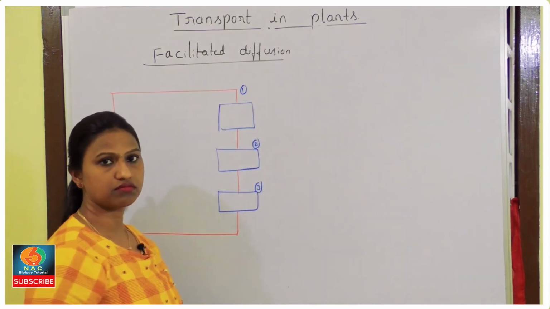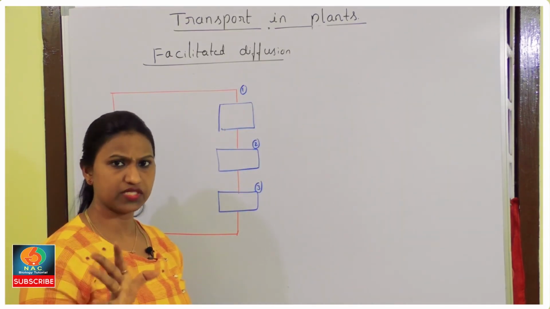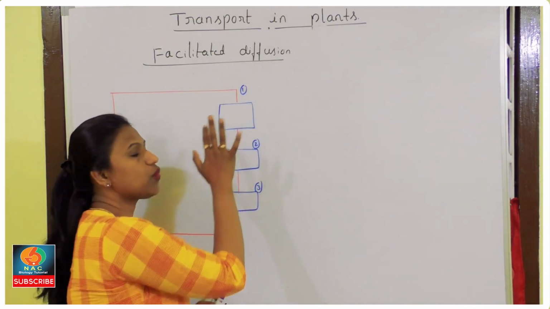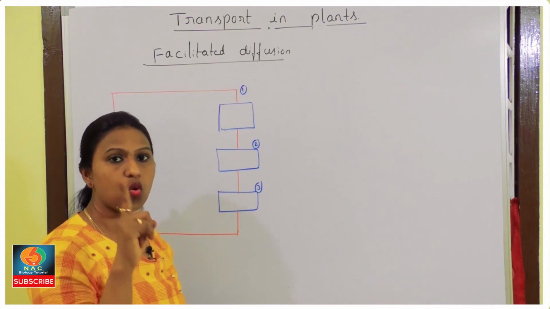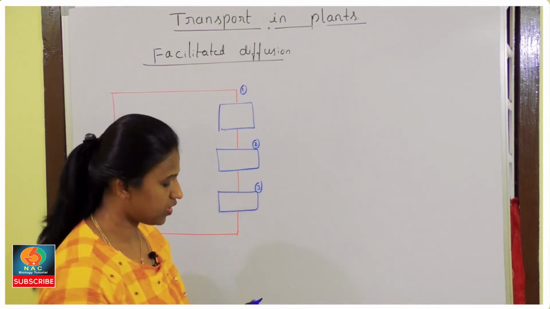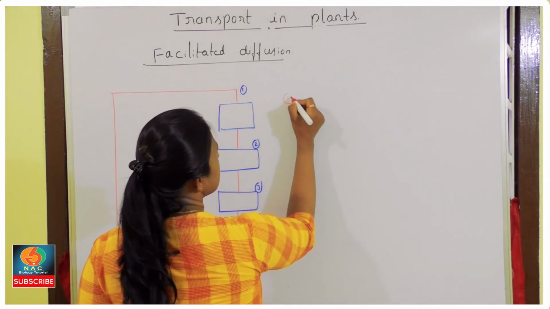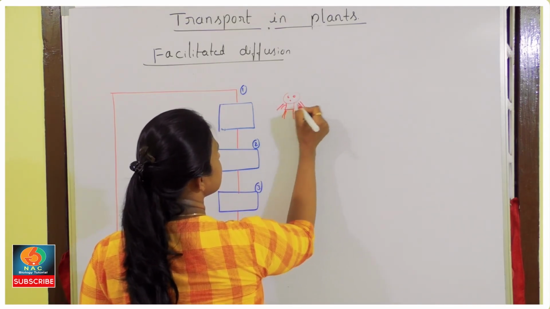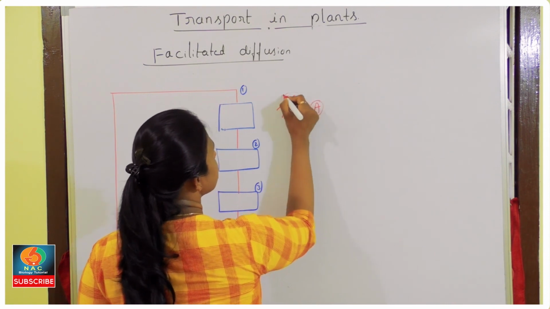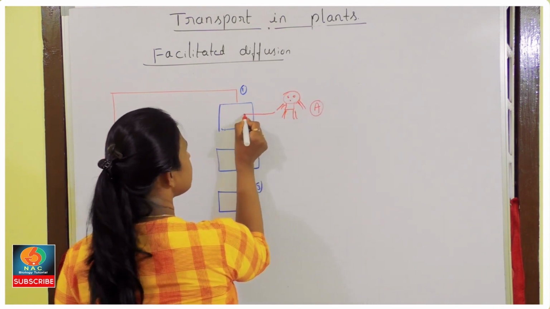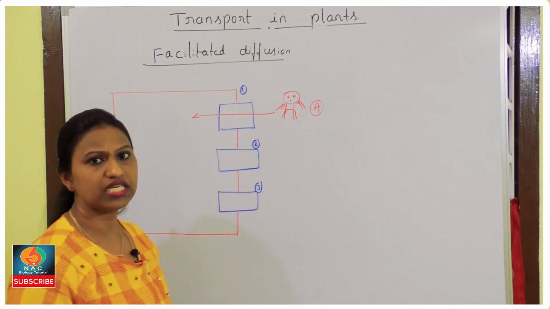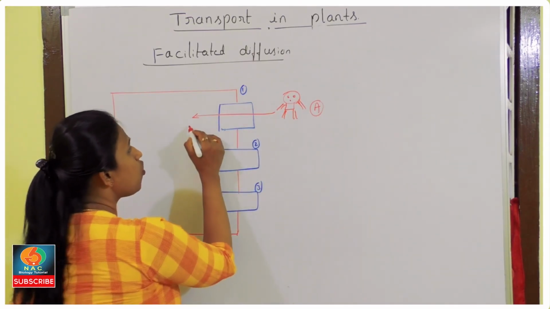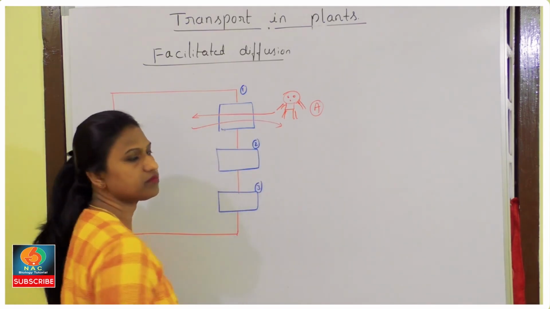Of course, all three gates are very, very specific. But gate 1 is allowing only one person, say for example person A. It will allow only A to get inside and only A to come outside.